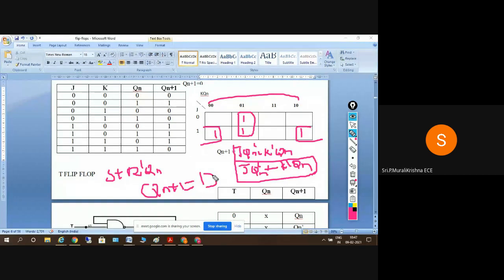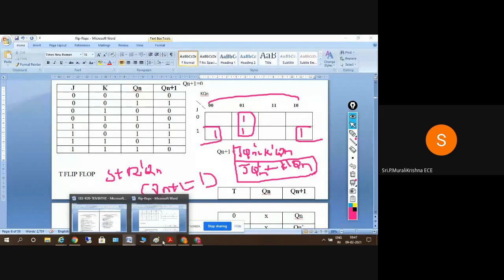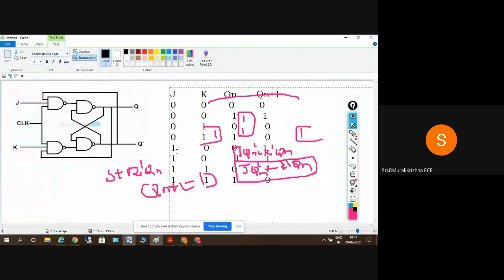Yes or no? Yeah, sir. So these three equations, and we'll have a truth table in a simplified format.